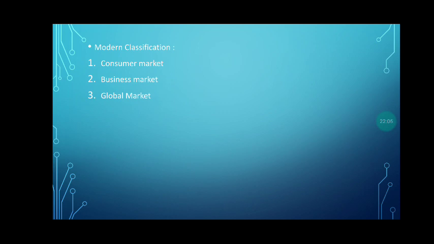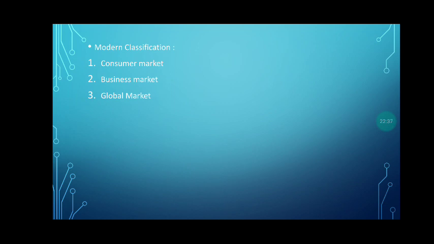Okay, the other distinction which needs to be made is on the basis of modern classification. Whenever we are talking about the modern classification, the market is categorized into three categories, that is consumer market, business market, and the global market. So what is consumer market? These are the markets which specialize in selling mass consumer durables and non-durable products. They devote a good amount of time to making attempts to establish a superior brand image.